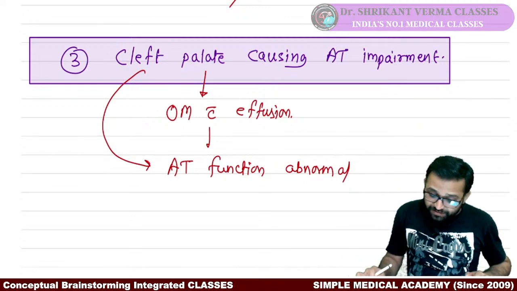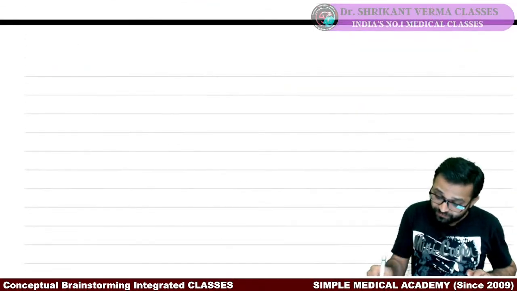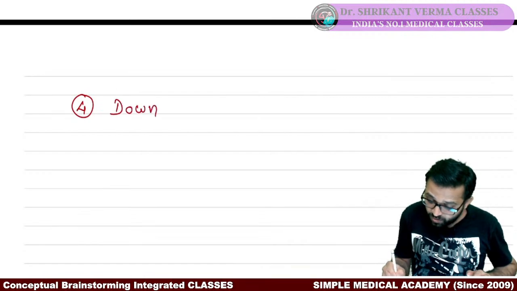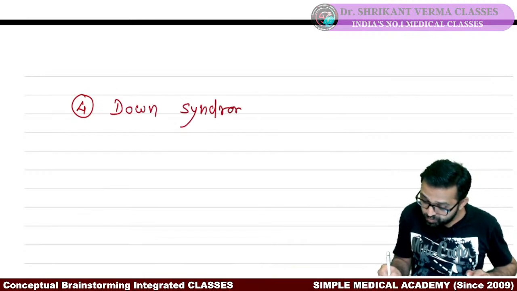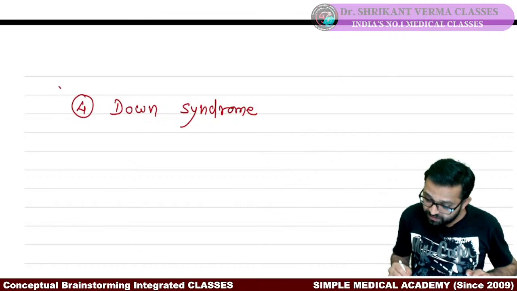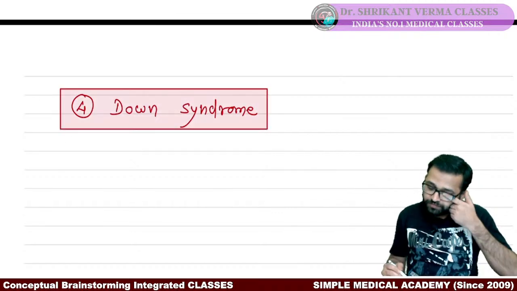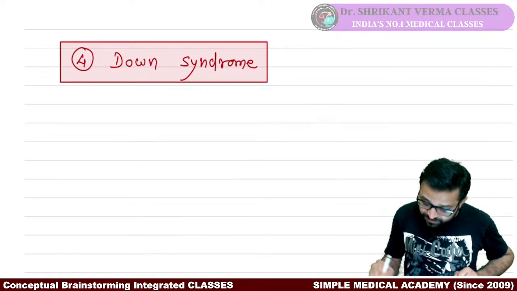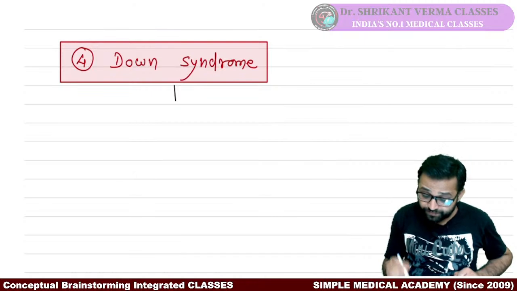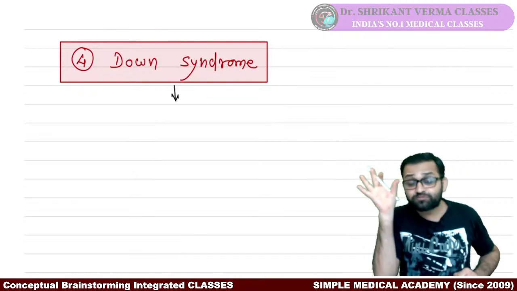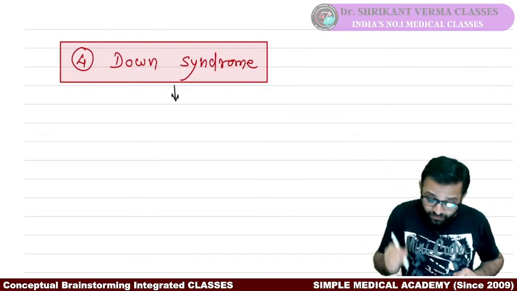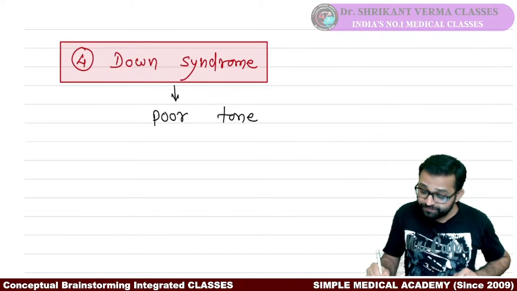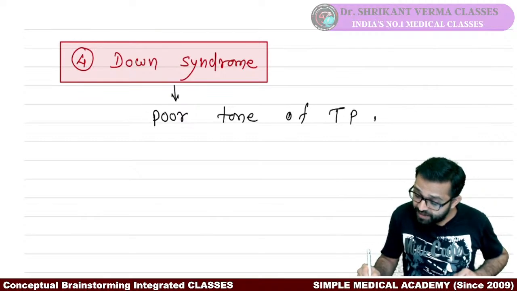Now see here, the next situation which affects the auditory tube function that we are going to talk about is Down syndrome. Getting the point? In Down syndrome, there are different kinds of congenital abnormalities, among which one is poor tone of the tensor palatini muscle.